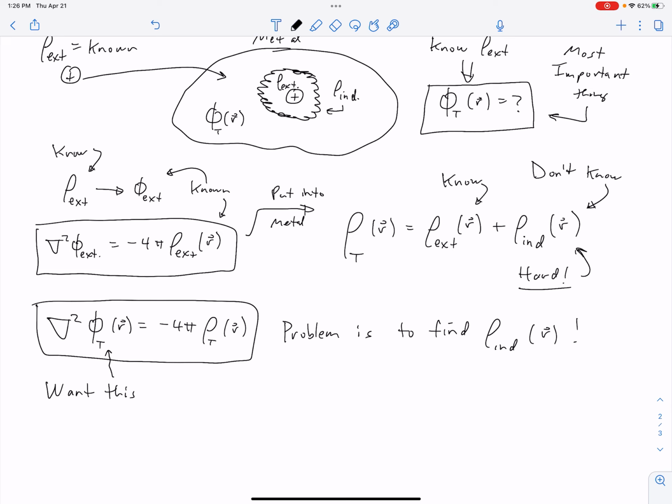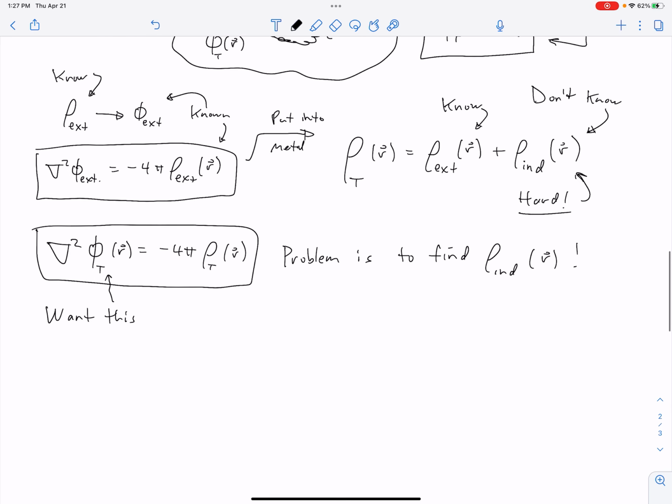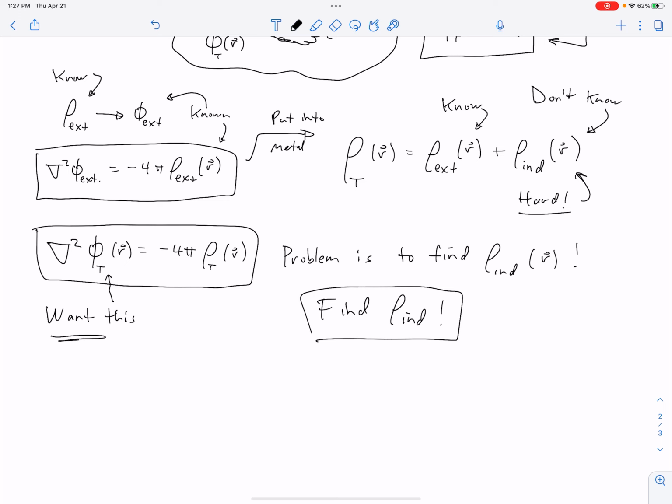Okay, that's the question. Really, in the end, the thing that we want is the total potential. We don't care so much about the induced charge, but we need to know it to figure out the total potential. So that's the problem.